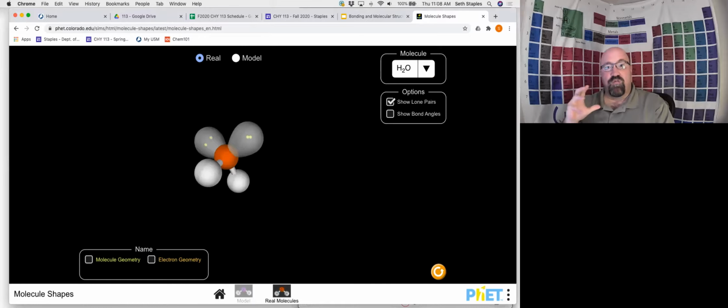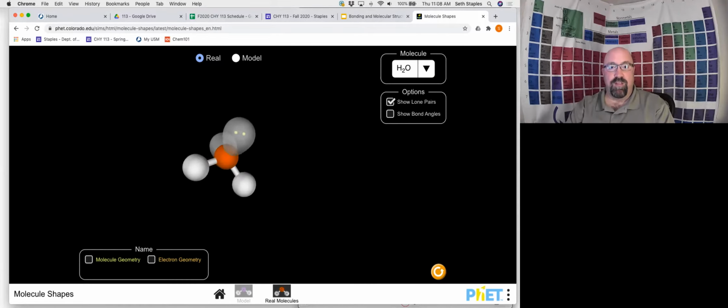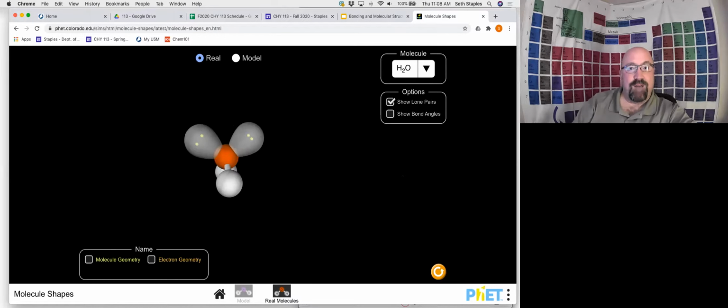We have the geometry of all of the electron pairs around our oxygen. When we look at the electron pairs around our oxygen, we have 2 that are here in bonding pairs. They make up our bonds to hydrogen. We also have 2 lone pairs around the oxygen. And again, we're going to talk about all these. I just want to differentiate between electron geometry and molecular geometry.